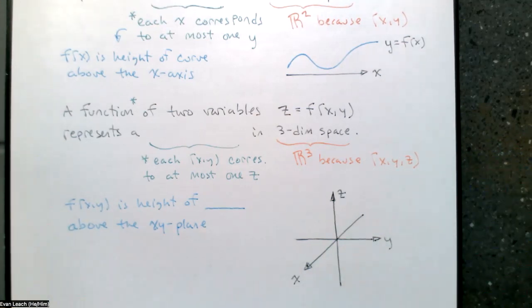Just like we typically draw the positive x-axis going to the right and the positive y-axis going up, now the positive x-axis is coming out, the positive y-axis is going to the right, and the positive z-axis is going up. This was an arbitrary choice that we made a long time ago.